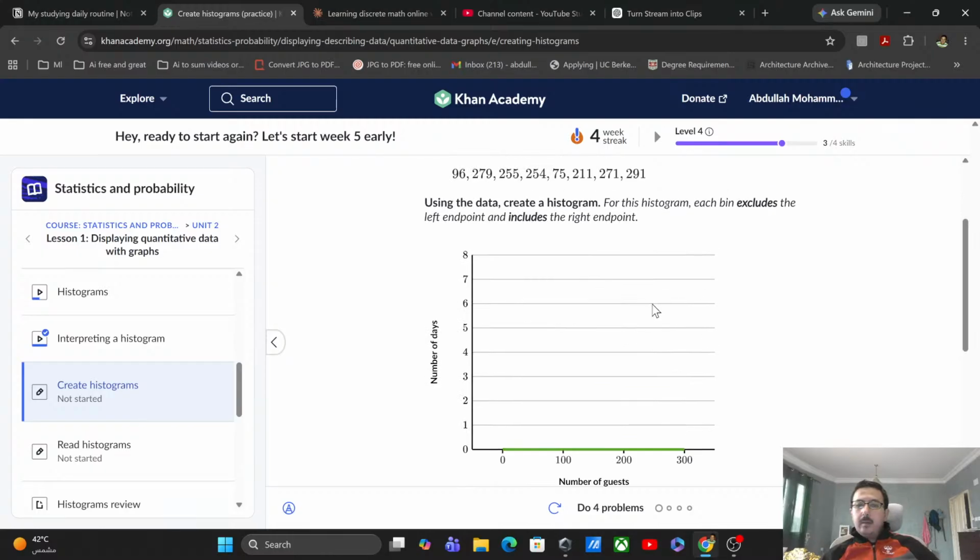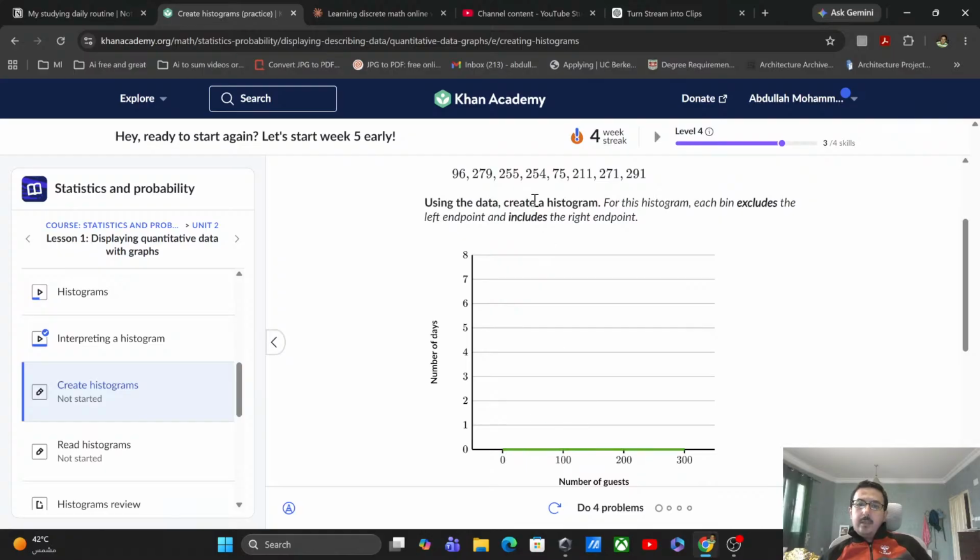What do you mean? From 0 to 100. So each bin excludes the left endpoint and includes the right endpoint. So we got 96, 0 to 100.